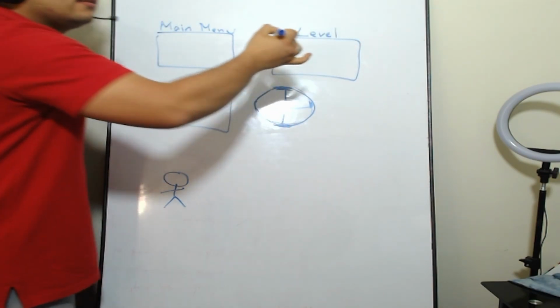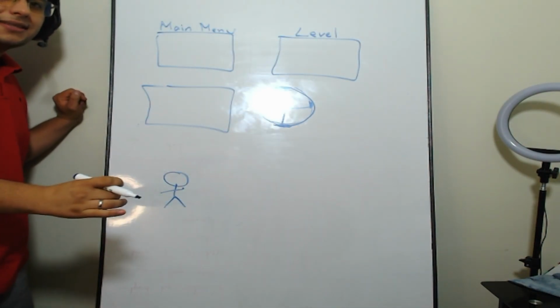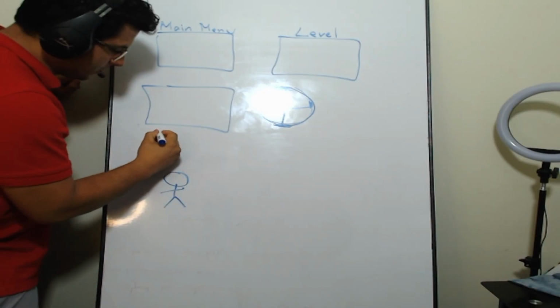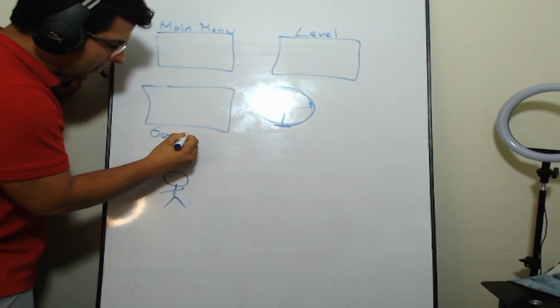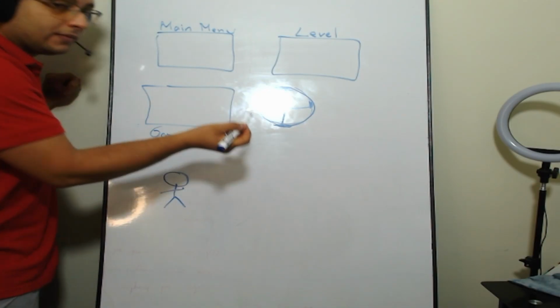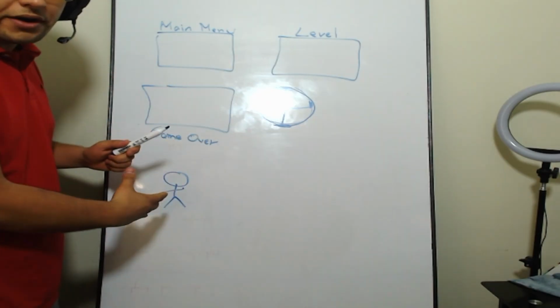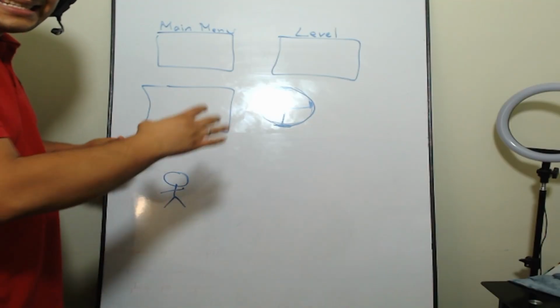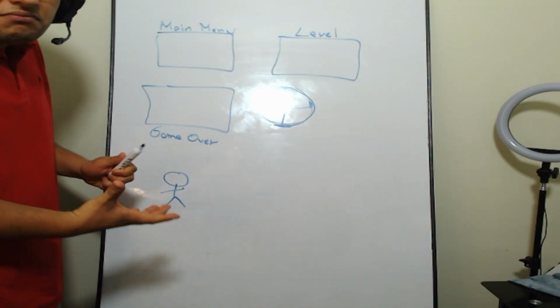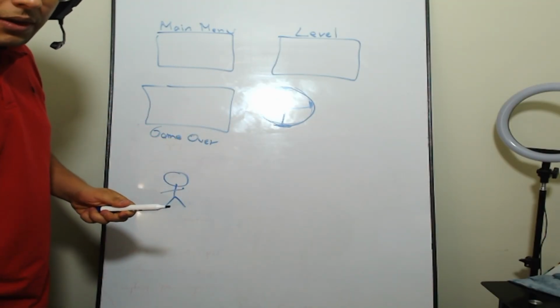And finally, every single game needs a game over screen, okay? Just like in GDevelop, each one of these squares represents a scene, a separate space where something different happens, okay?